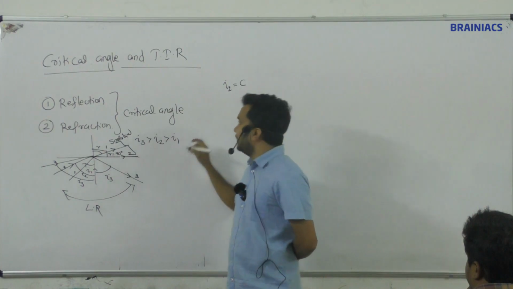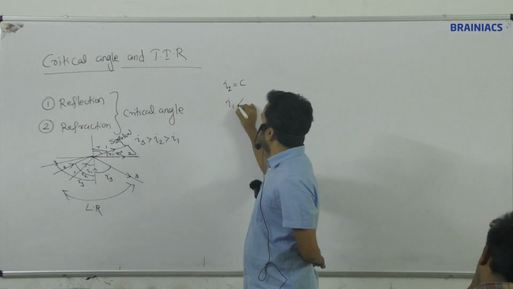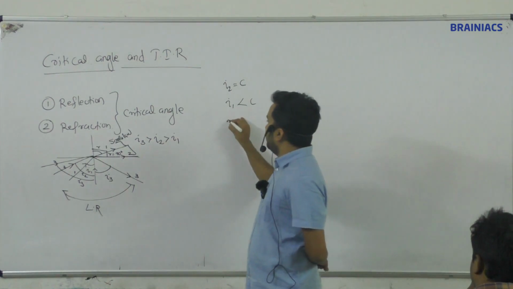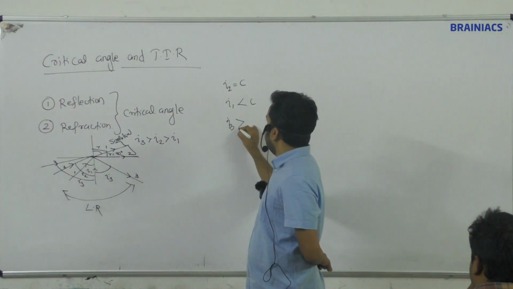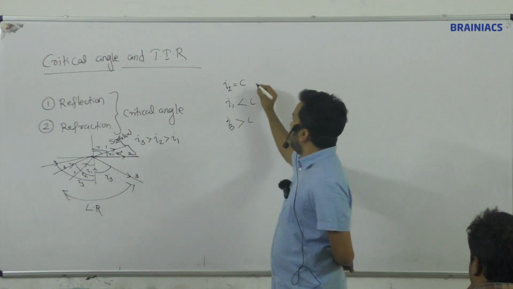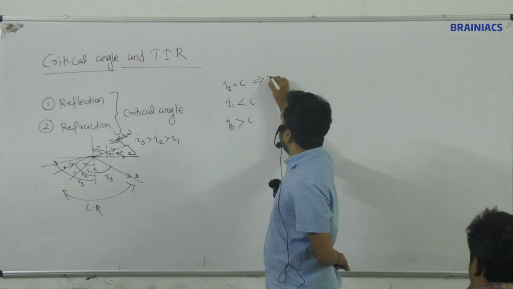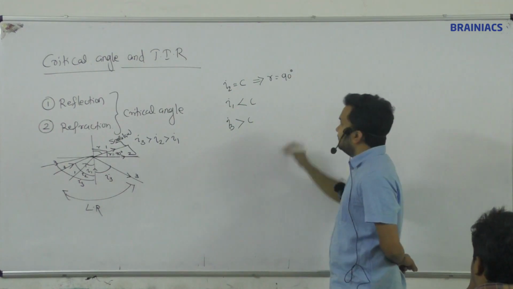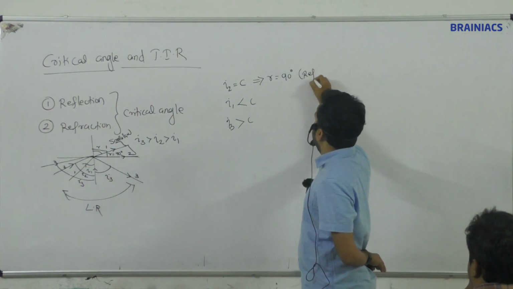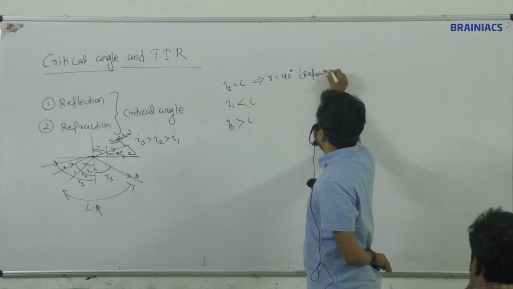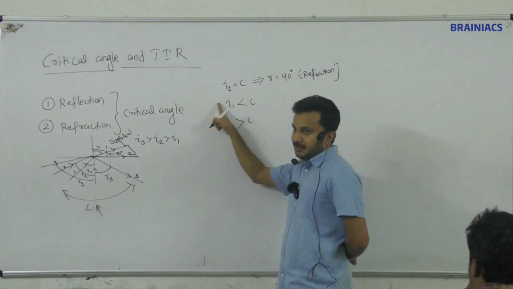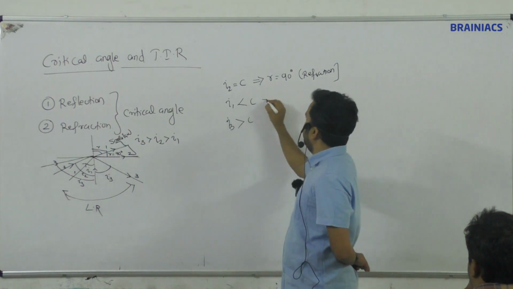Correct? I1 is less than I2, so I can say I1 is less than critical angle. One case. Another case, I can write I3 greater than critical angle. When I2 equal to C, than critical angle.